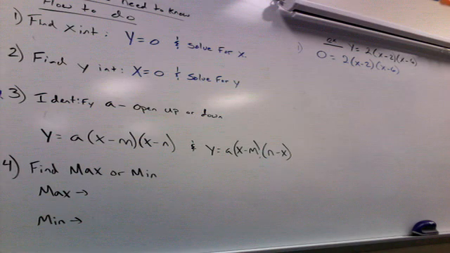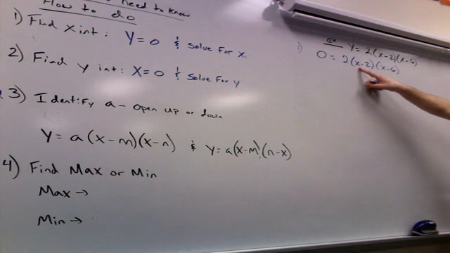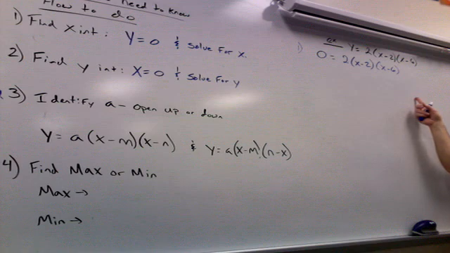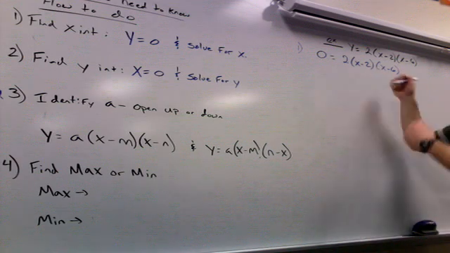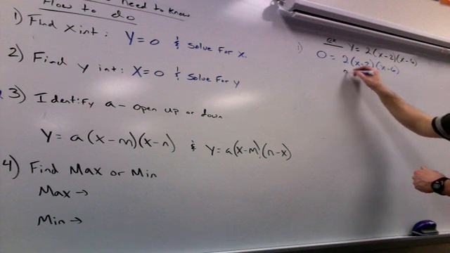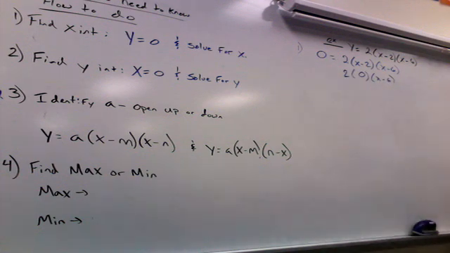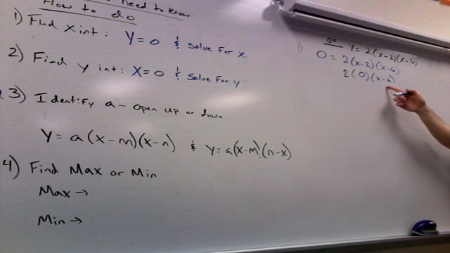You guys agree with that? If I can find a number that makes this x minus 2 zero, won't this whole side then be 0? If this factor somehow becomes 0, and we have 2 times 0 times x minus 6, won't that whole thing be 0? Doesn't matter what this is, does it?